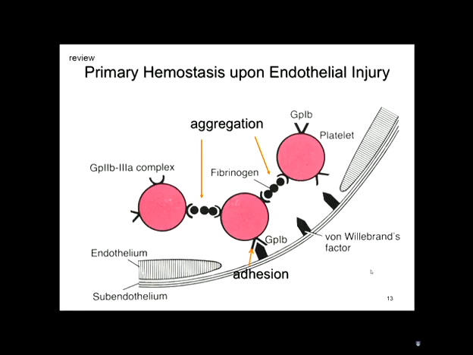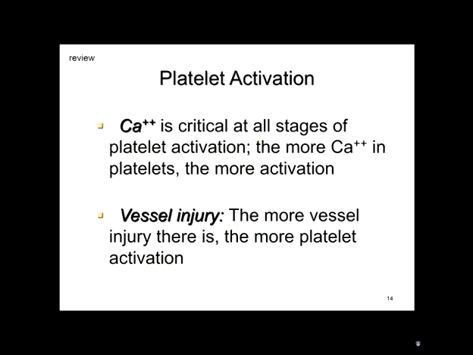So it stands out among all the other coagulation factors, which is why you need to know this scenario so you can understand why it's different. Okay? So it works with the platelets at the initial stages of platelet adhesion.